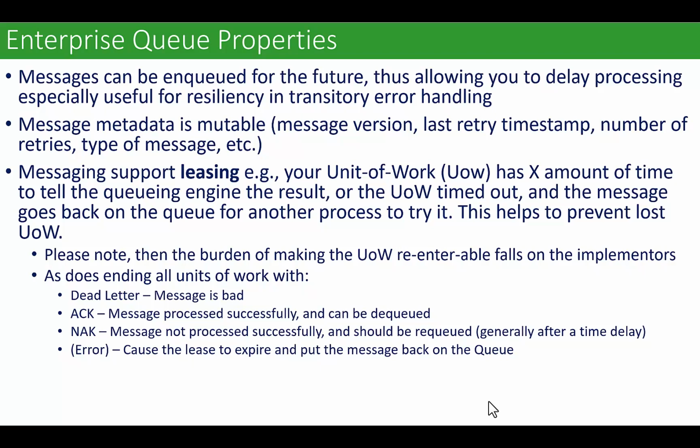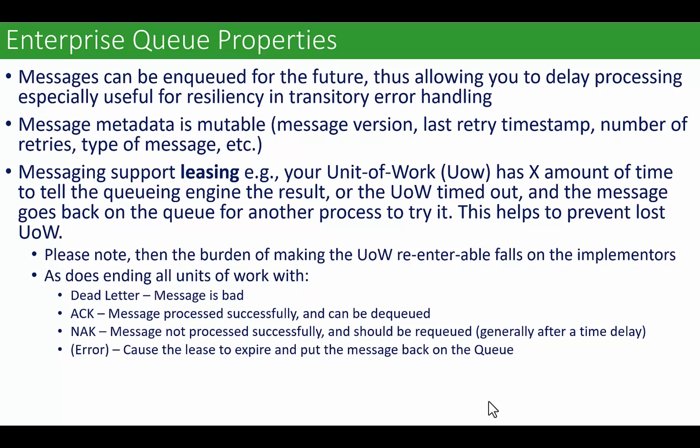And really, there are only three outcomes to a unit of work. The message is bad, it needs to go to dead letter. The message is good and we were able to completely process it, in which case it can be dequeued, marked as done. Or the message couldn't be processed successfully and should be requeued. And here you can leverage the time delay to give yourself some runway to have whatever dependent system wasn't ready be ready again.